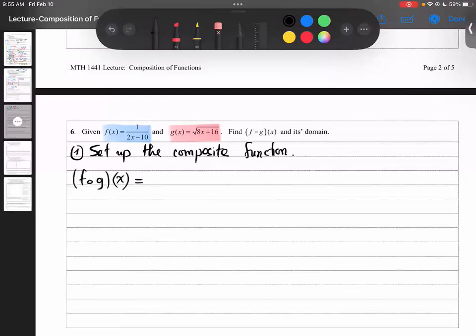We would rewrite it as the outside function being f, and the inside function being g. Now I'm going to plug g into f. So instead of g of x, it's going to be the square root of ax plus 16.